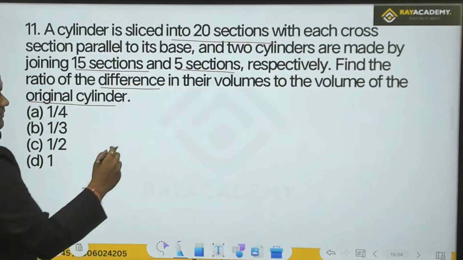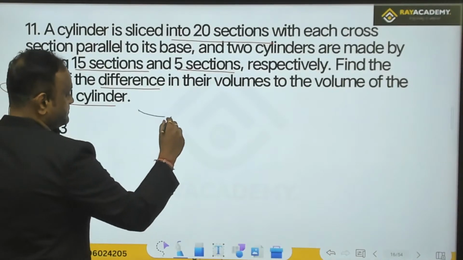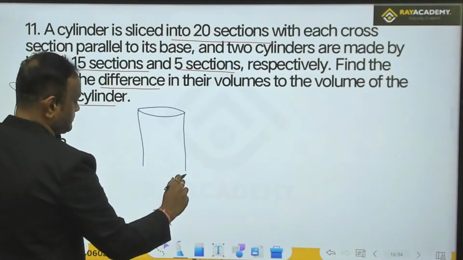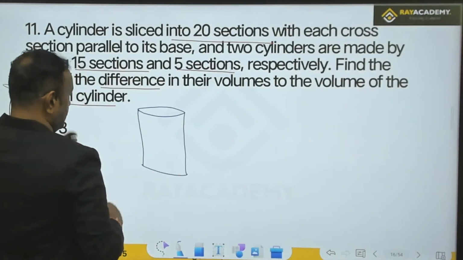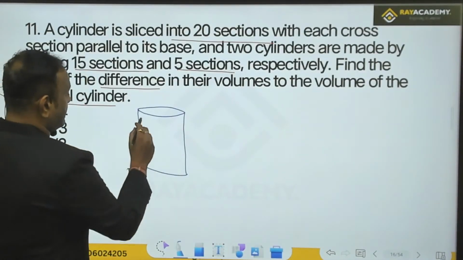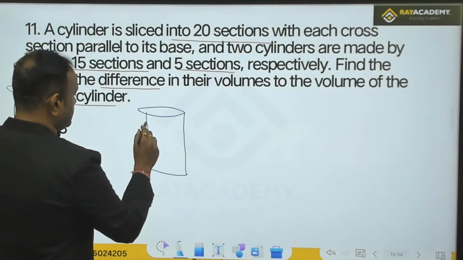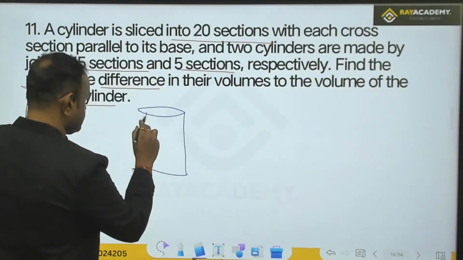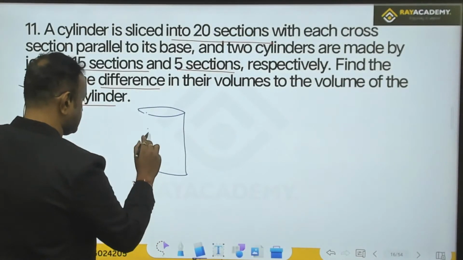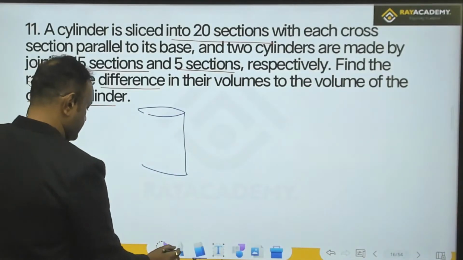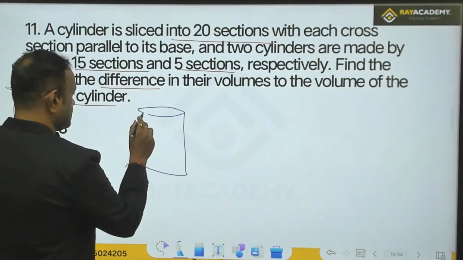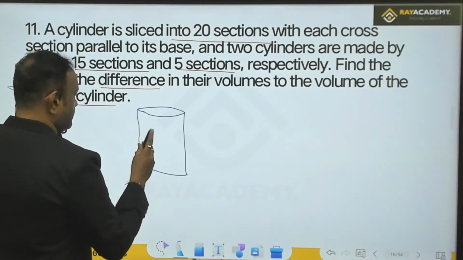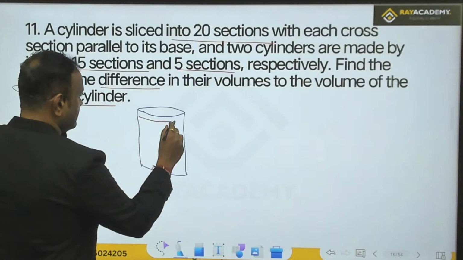Okay. So let's say the cylinder is like this. Twenty parts means something like this.